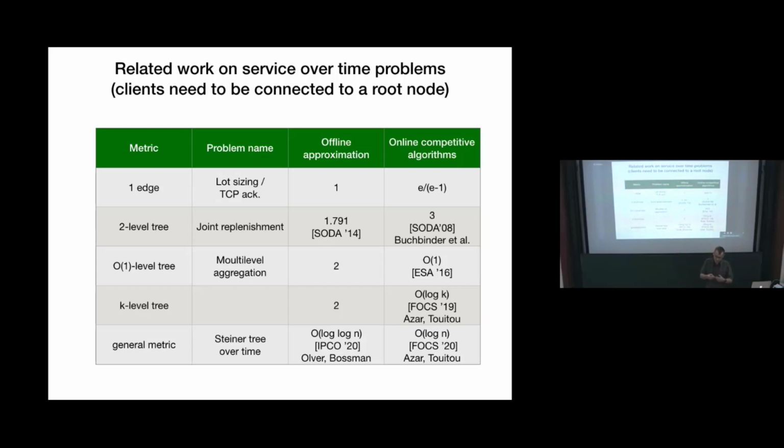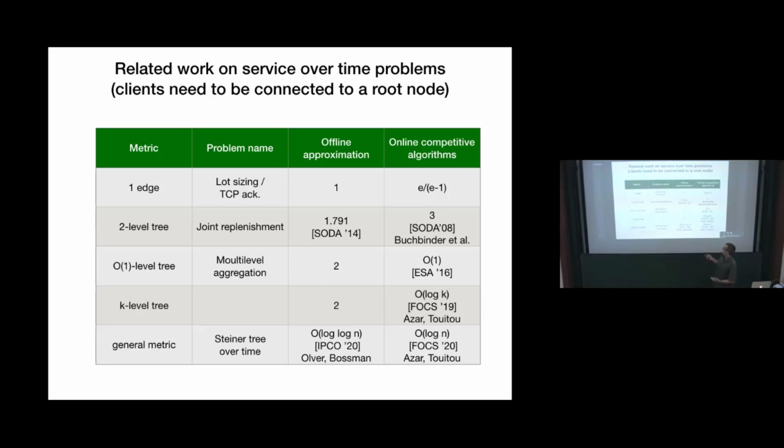The service you offer is connecting clients to some predefined node, like a root node. And to service a set of clients, you need to buy a Steiner tree that connects these clients to this pre-selected root node. Depending on how complicated the metric is, very different problems fit in this framework.